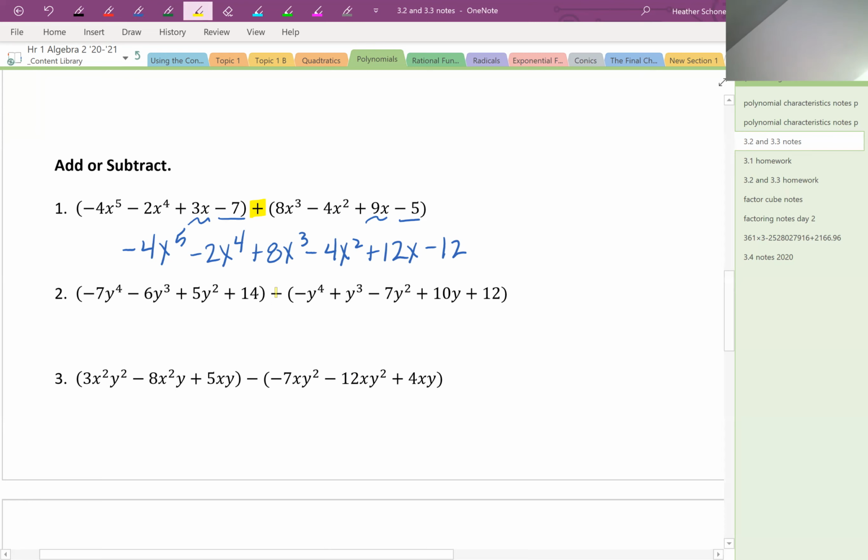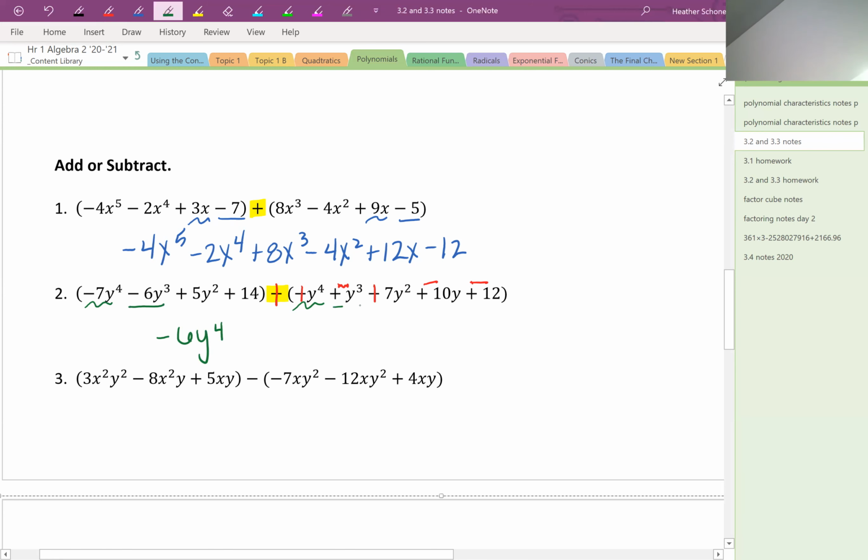On the next one, now we're going to subtract. So when you subtract, we're still struggling with this from the last chapter. You're going to change this to a plus, and then you're going to change the sign of everything in the second parentheses. So this is plus, minus, minus. Now we can combine like terms. So negative 7y to the 4th and positive y to the 4th would be negative 6y to the 4th.